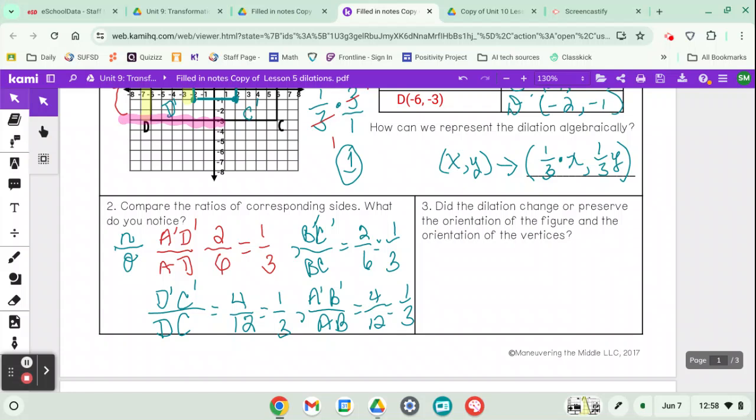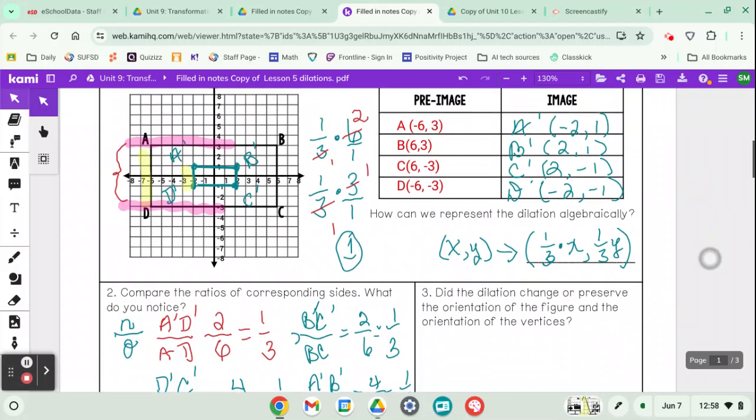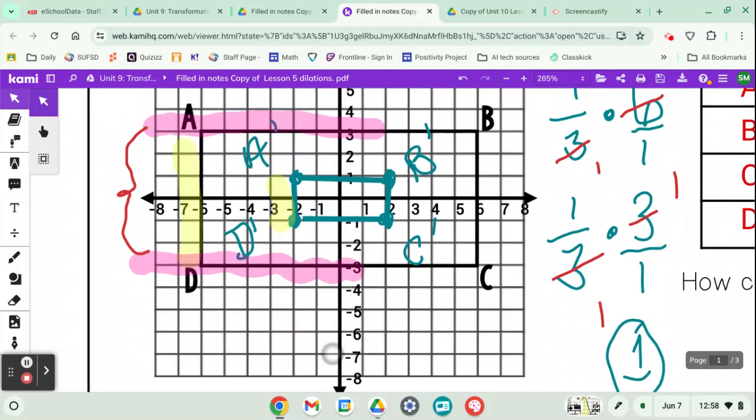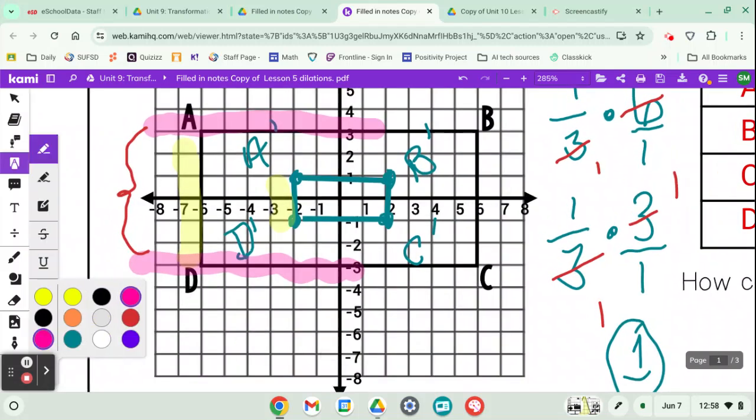Lastly, we talk about the properties that are preserved for a dilation. So as we look back at our figure and we talk about the order of the shape, I've got corner or vertex A is upper left-hand side of the graph, and so is A prime.